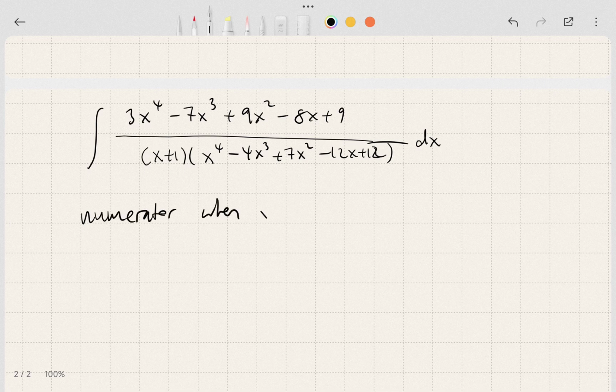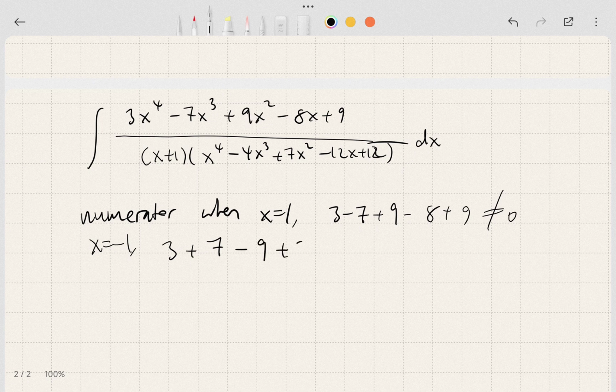When x is equal to 1, what you get is 3 minus 7 plus 9 minus 8 plus 9, and obviously it's not equal to 0. When x is equal to minus 1, you get 3 plus 7 plus 9 plus 8 plus 9. That is not equal to 0.